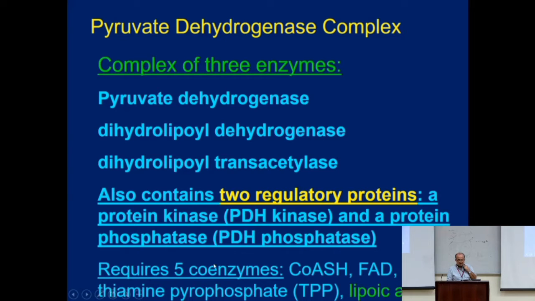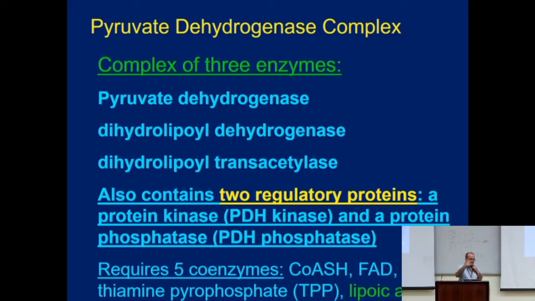So the pyruvate dehydrogenase complex contains a PDH kinase. That means that protein kinase can phosphorylate the catalytic enzymes and change their activity. It also contains a protein phosphatase, also called PDH phosphatase. The function of that is the reverse of the kinase.